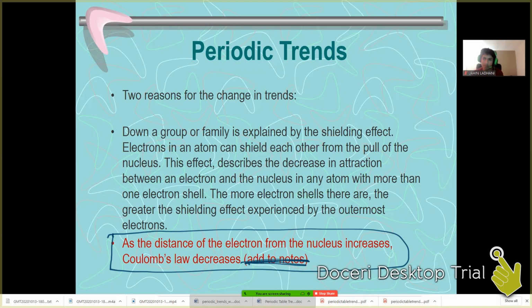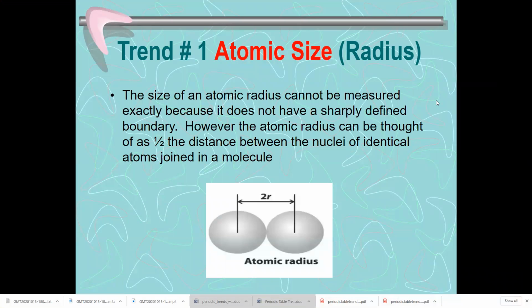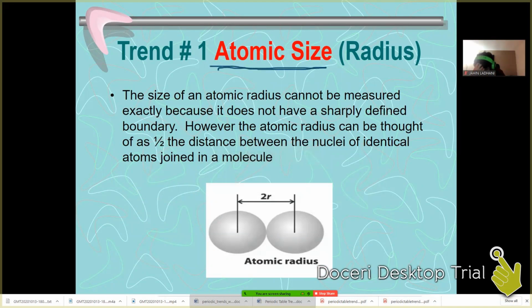All right, so now we're going to start talking about the different trends. So the first one that we're going to talk about is atomic size, radius.